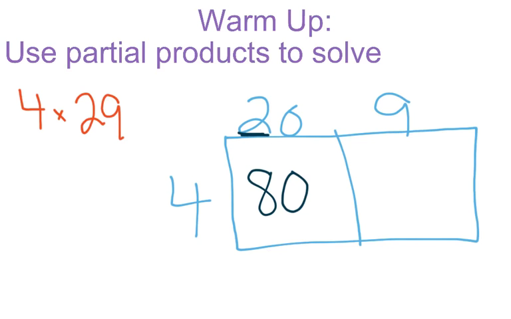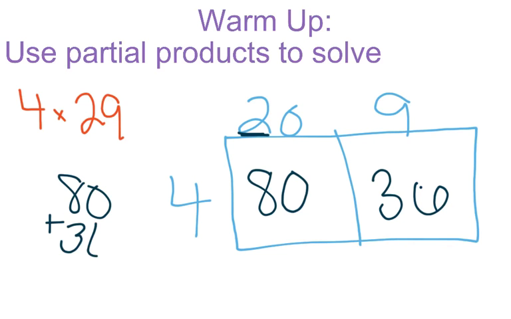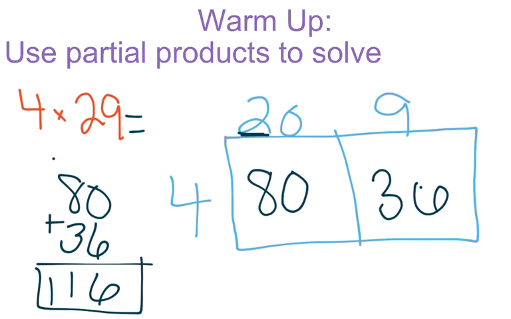So 4 times 20 is going to get me to 80, and then I know that 4 times 9 is 36, so I'm going to take my 80 plus my 36, and 8, 9, 10, 11, carry my 1, bring it down. So I got 116 as my answer to 4 times 29. Okay, I solved that using the partial products method.